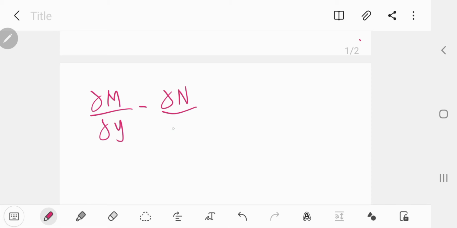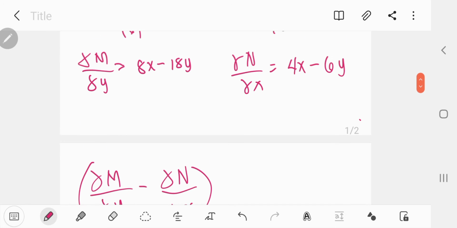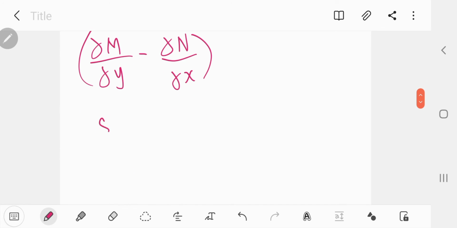So we have the partial derivative of M with respect to y minus the partial derivative of N with respect to x. The partial derivative of M with respect to y is 8x minus 18y, and the partial derivative of N with respect to x is 4x minus 6y. Let us simplify it.